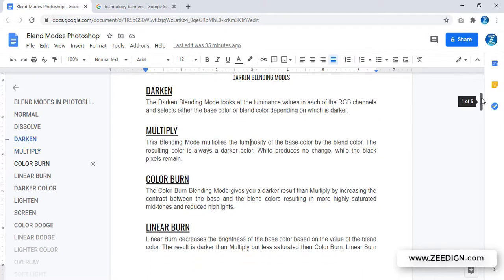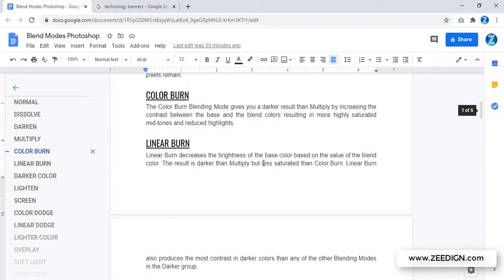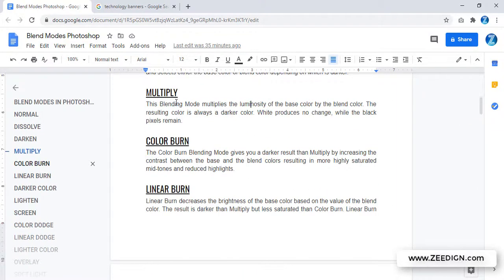Moving on to the next one, we have linear burn. Okay, so linear burn decreases the brightness of the base color, the bottom one, based on the value of the blend color, the top one. The result is darker than multiply but less saturated than color burn. Okay, so it is something between multiply and color burn.